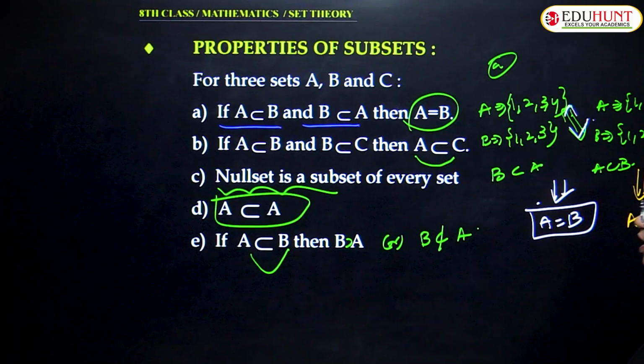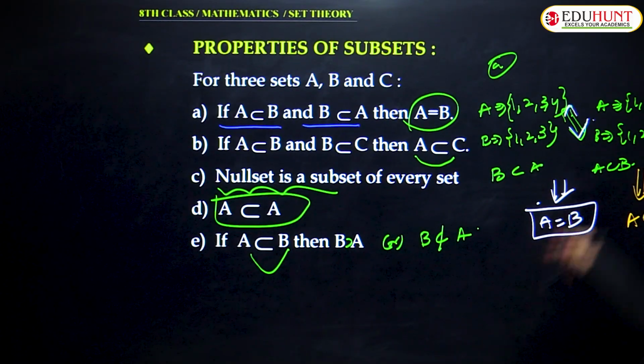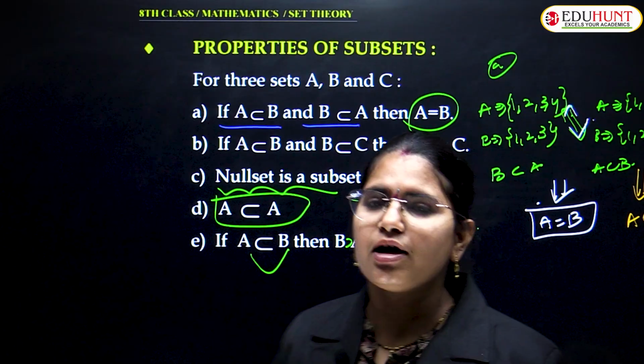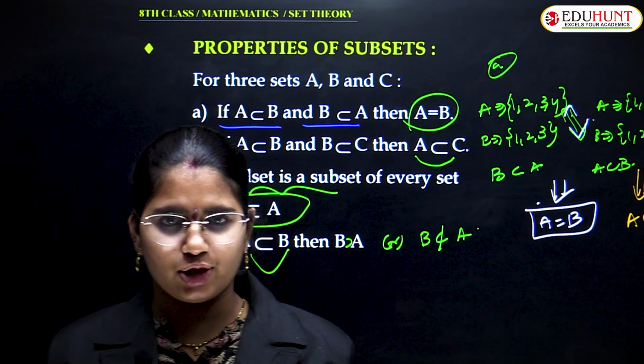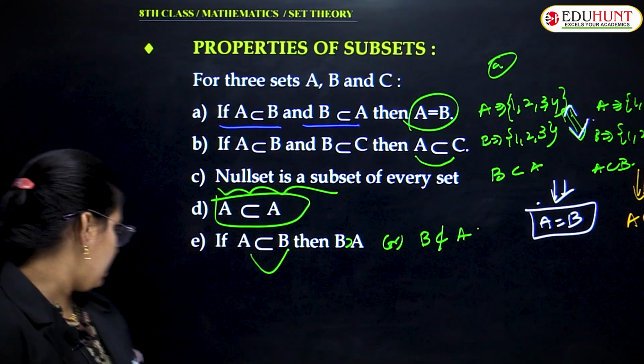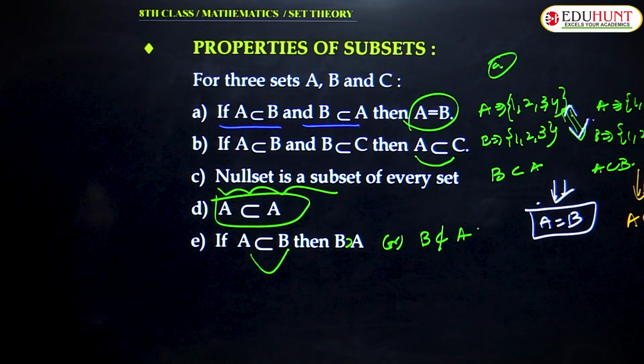No, right? B is not a subset of A. So that is another property of subsets. Am I clear? Can I get back to the next one?